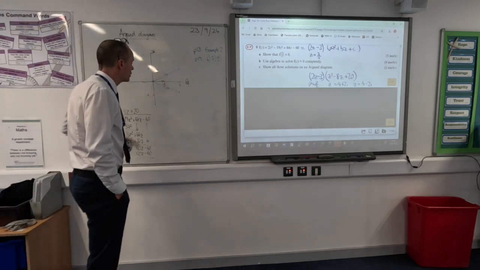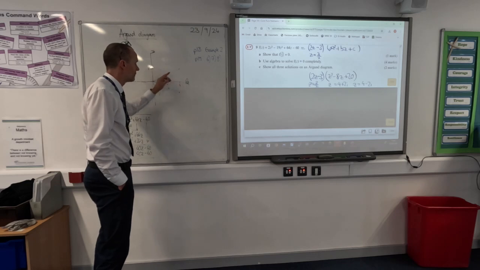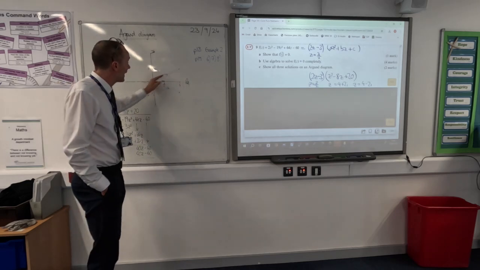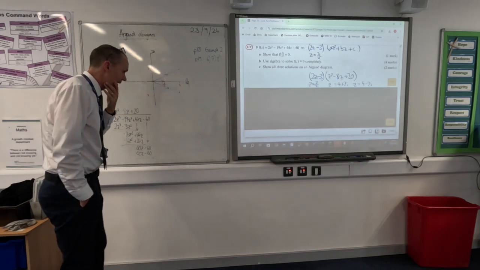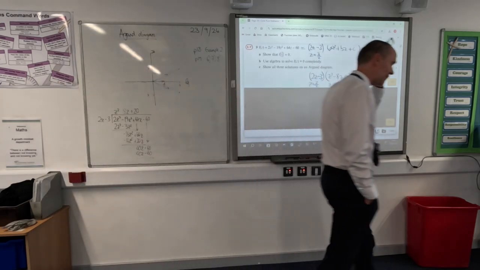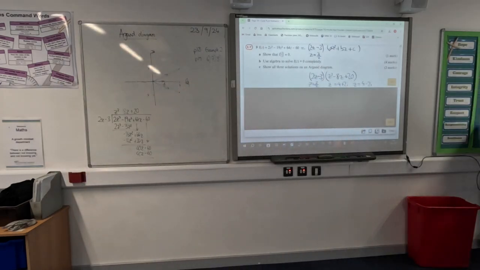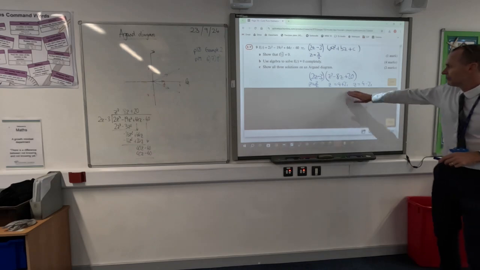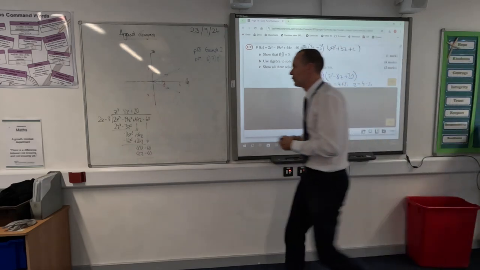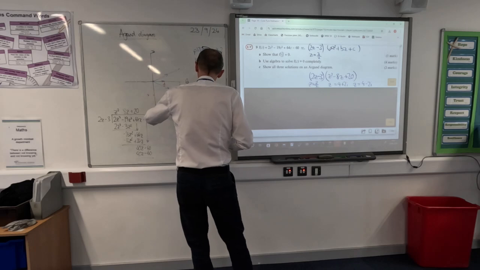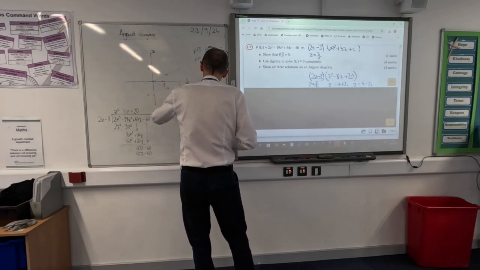We can instead choose to describe this complex number using its length and the angle it makes with the horizontal. So we have an alternative way of presenting a complex number. We've got this form, and we've got a form which I'm going to call modulus and argument form.